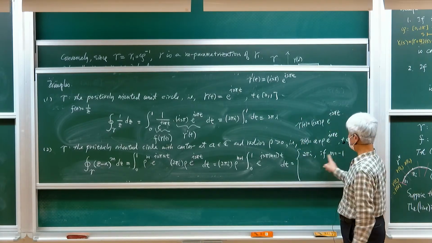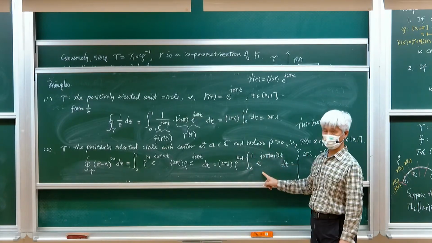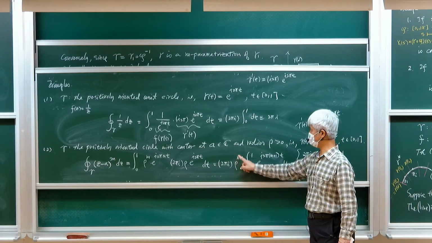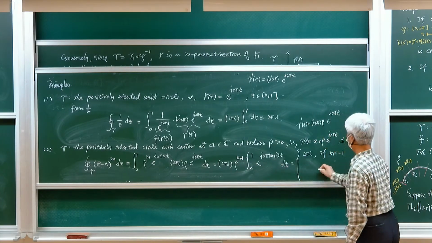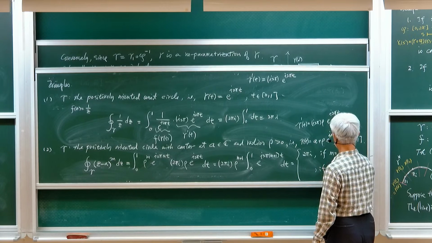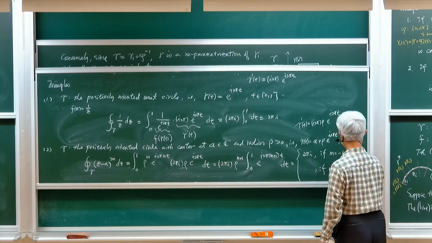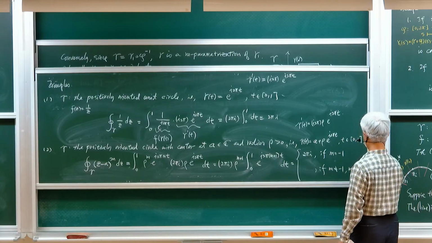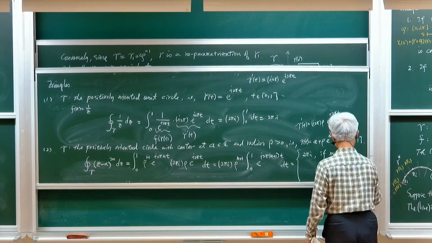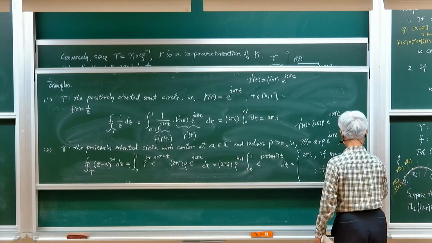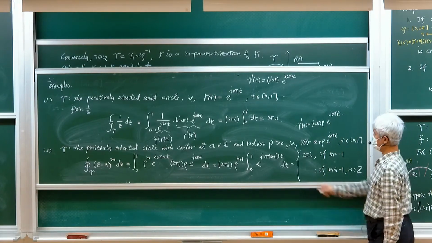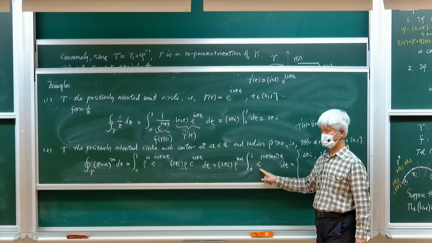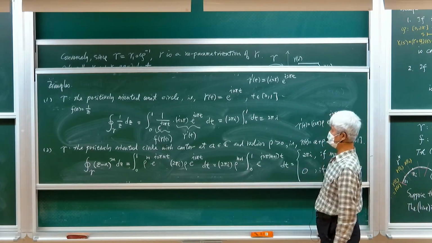Rho to the 0's power is 1, so you have 2 pi i. But if m is not equal to minus 1, and m is any integer, then this integral is 0.